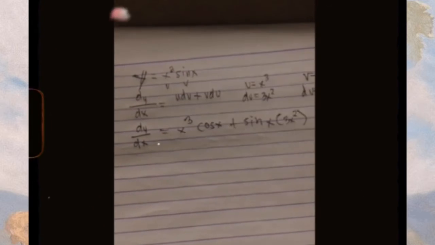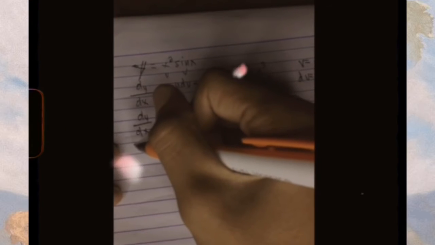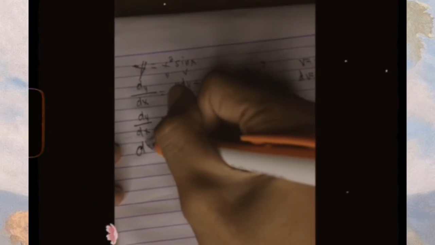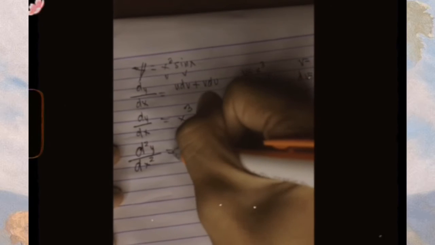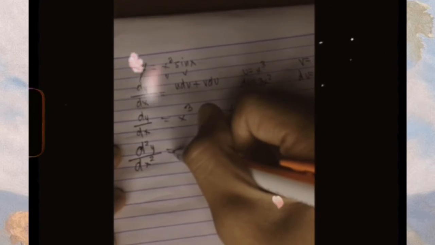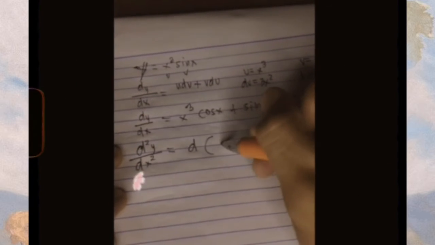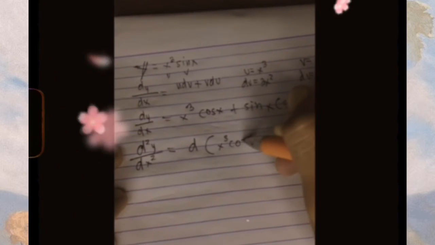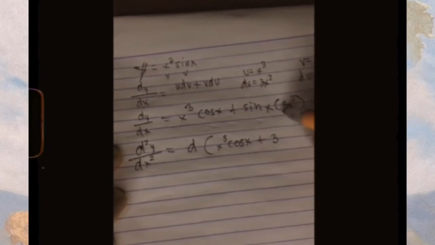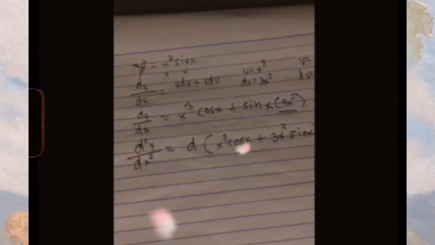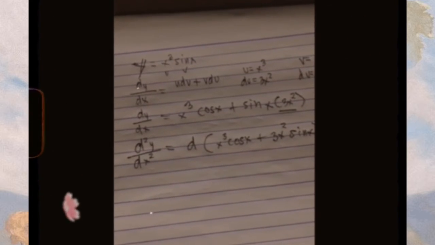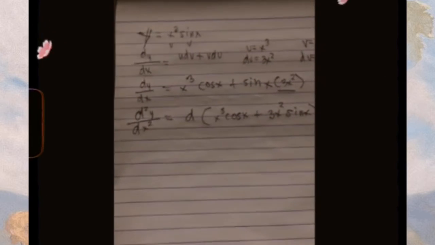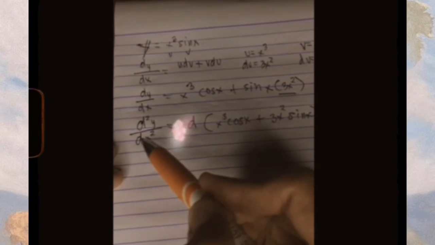So we can get the second derivative. So the second order derivative, d squared y over dx squared, equals the derivative of x cubed cosine x plus 3x squared sine x. So this is our second derivative.